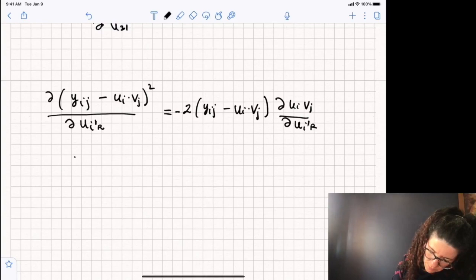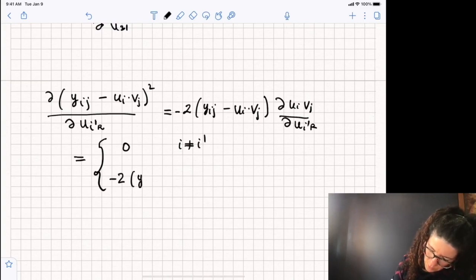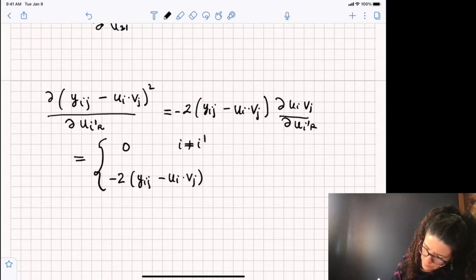From what we talked about before, this is equal to 0 if i is not equal to i prime, and equal to minus 2 times yij minus ui times vj, times vjk, when i is equal to i prime.